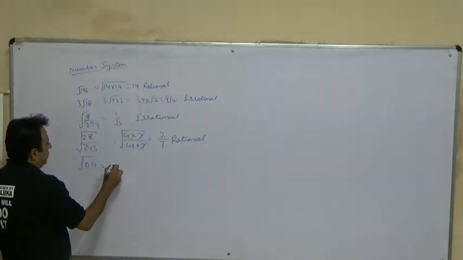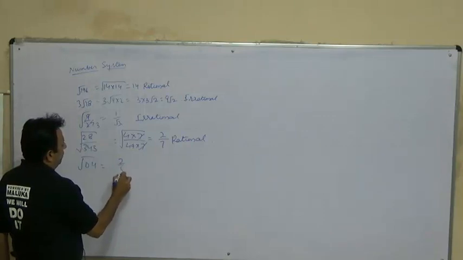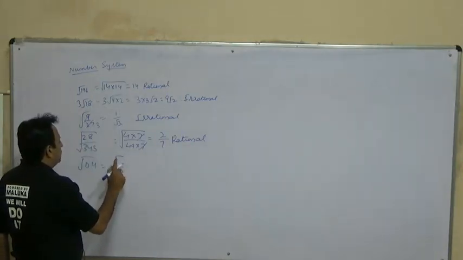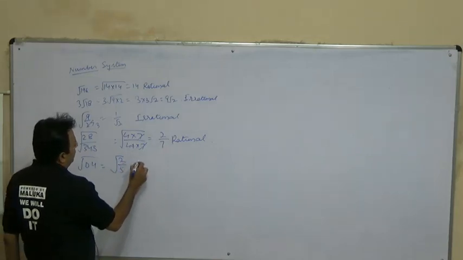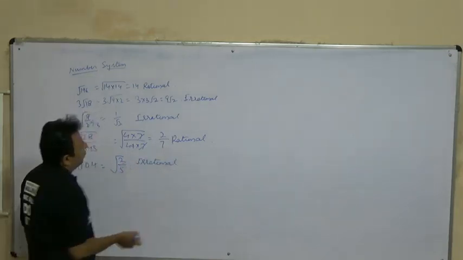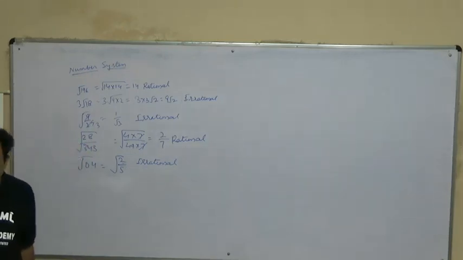This is 4 by 10 or 2 by 5, which is rational. So we have classified these numbers as rational and irrational.